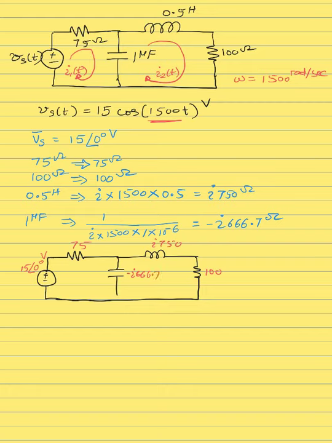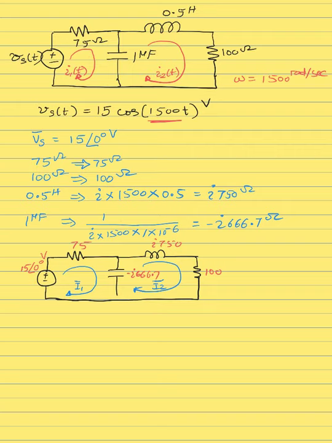Okay, and I'll draw my phasor currents. So this was my current, and I'm going to say that's I1 phasor, and that's I2 phasor as well. So far going good. Let's write the equation now.